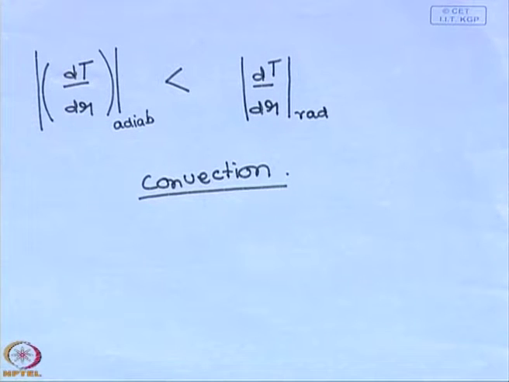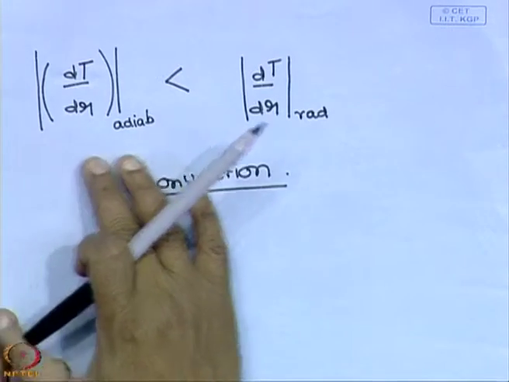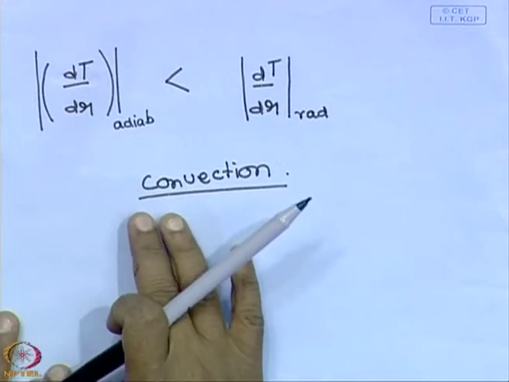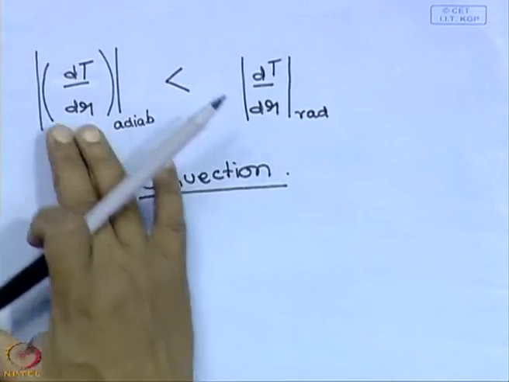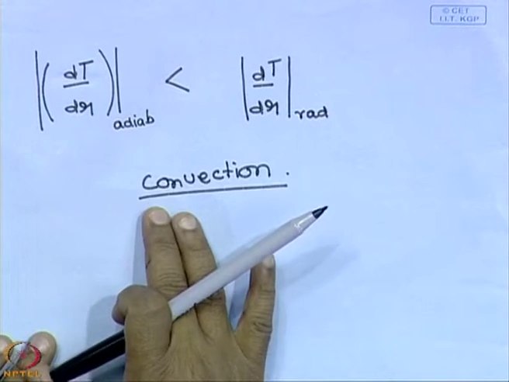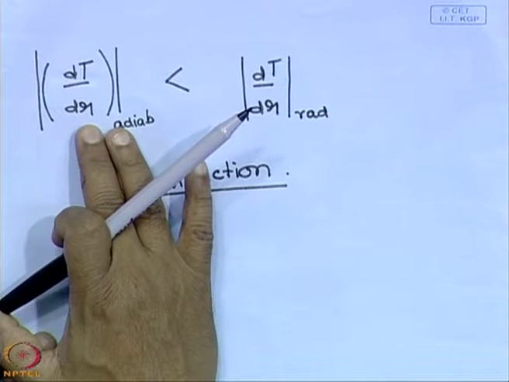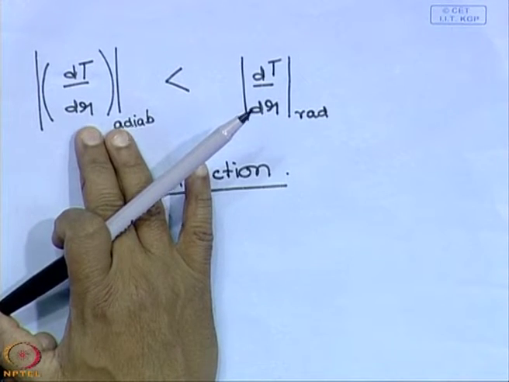Okay. Convection is a more efficient energy transport mechanism. And if convection sets in, then it wins, it takes over. Okay. So, once this condition is satisfied, convection becomes the most dominant energy transport mechanism. Okay.